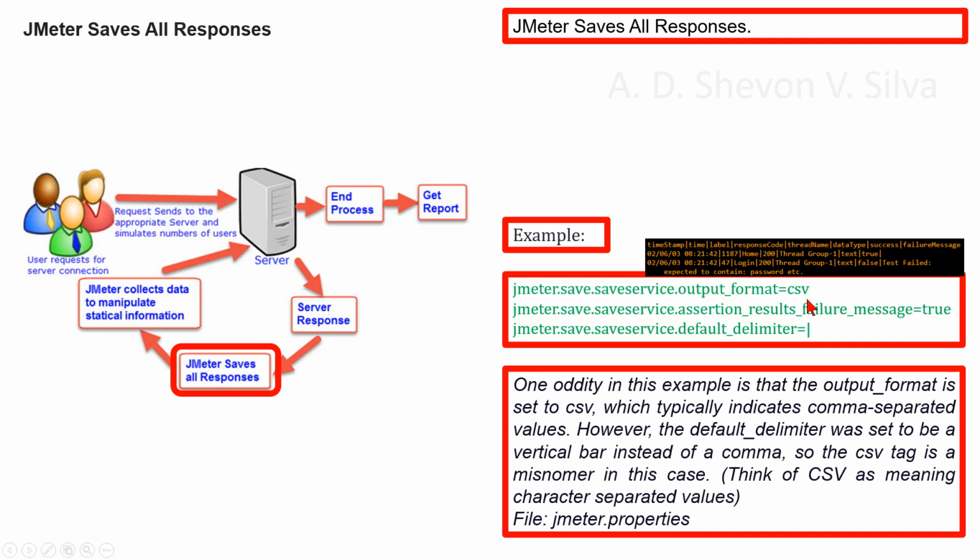However, the default delimiter was set to be a vertical bar instead of comma, so the CSV tag is a misnomer in this case. Think of CSV as meaning character separated values.